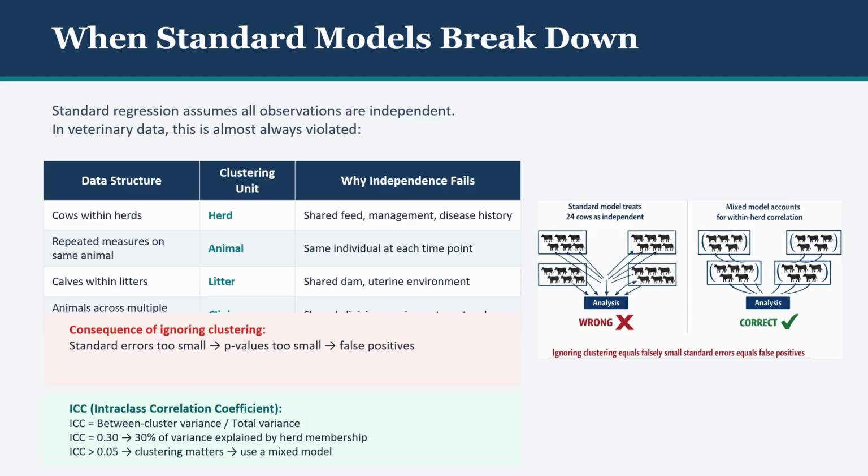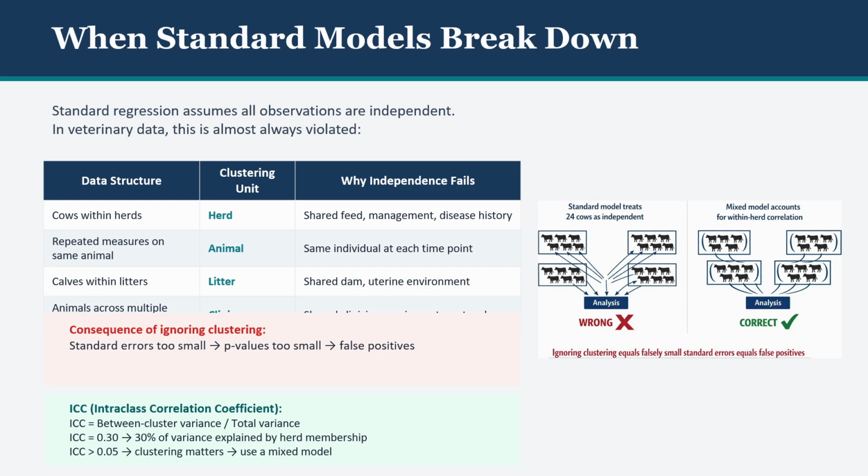They're not 25 independent observations of the treatment effect. They're 25 correlated measurements from one experimental unit. Treating them as independent gives you artificially small standard errors, inflated test statistics, and p-values that are too small. You see significant results that aren't there. This is pseudoreplication, counting correlated units as if they were independent.